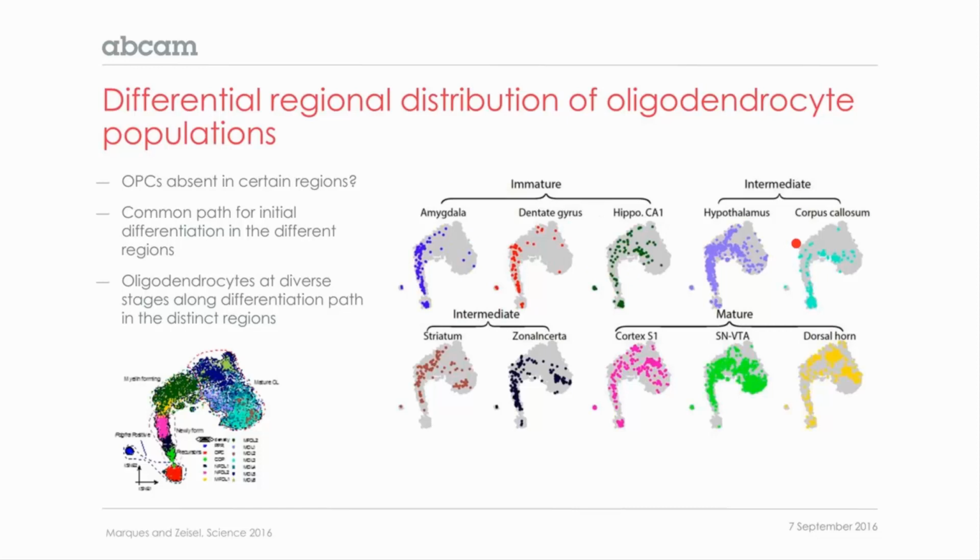And then we had some other regions, like the hypothalamus, corpus callosum, striatum, and zona incerta, where we could detect cells in both early stages and late stages. So this is what we call an intermediate stage of the oligodendrocyte lineage in the juvenile brain.